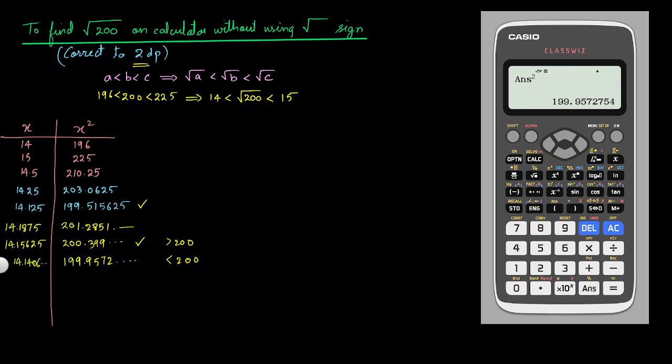So I will again change my calculation to between 14.15625 and 14.140625. Taking the midpoint gives me 14.148, and squaring this gives 200.17 something.